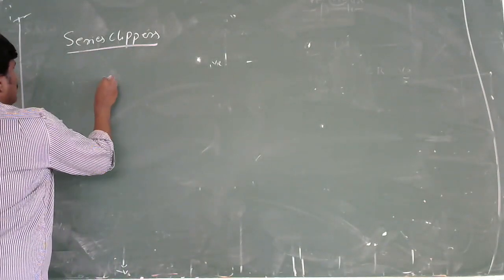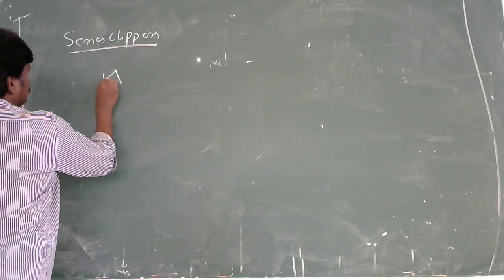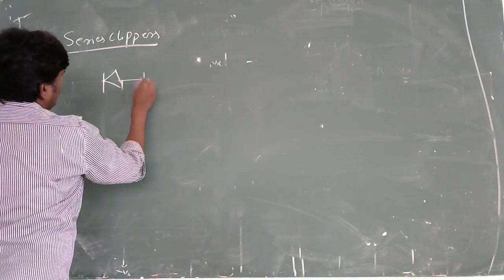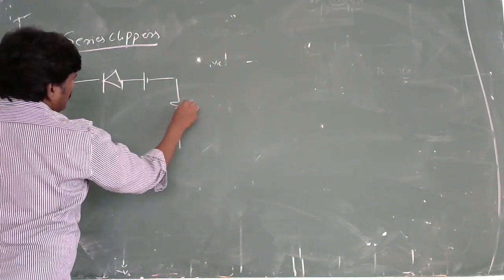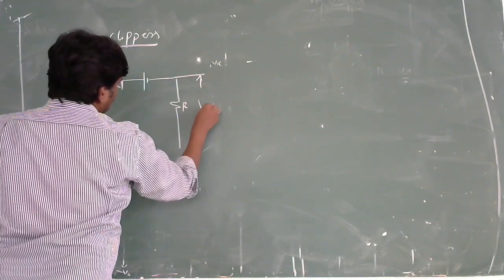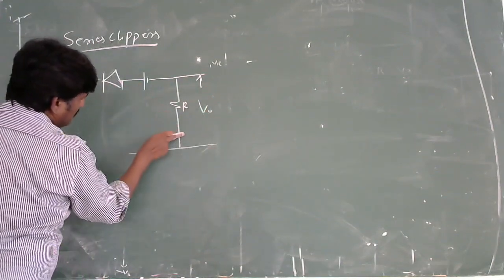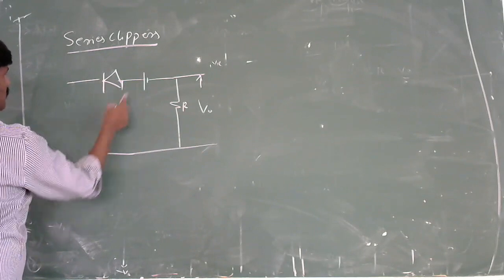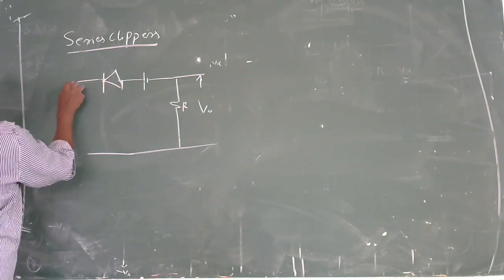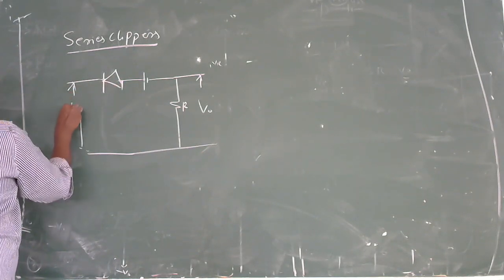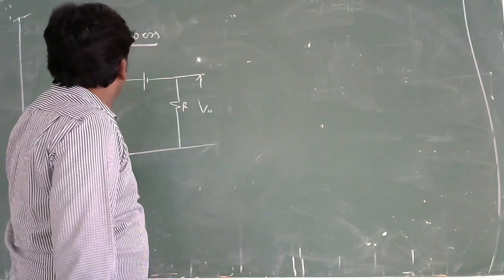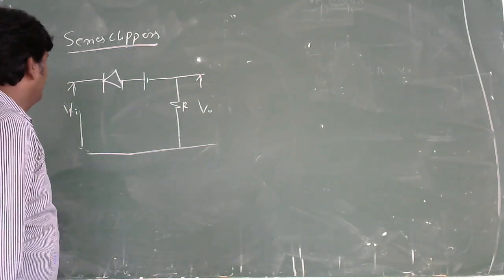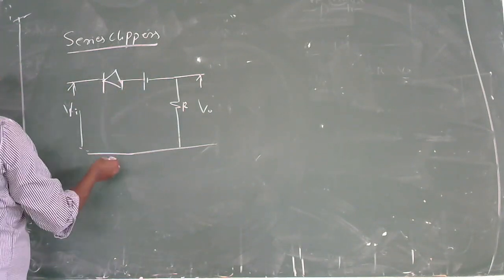Now let us take a diode like this, and you have the voltage. Just make one resistor to get the output. Previously the reference voltage was connected here, but now you connect it in series with the diode. Now, how will the diode function? Here it is very simple to understand.